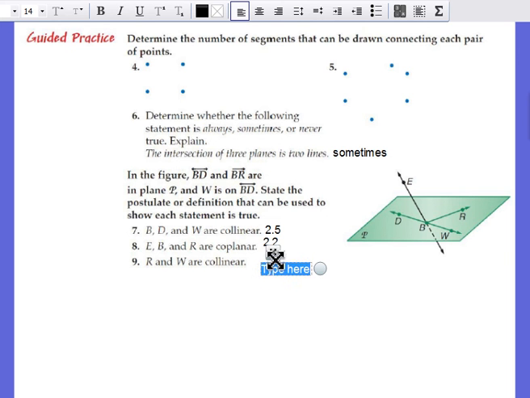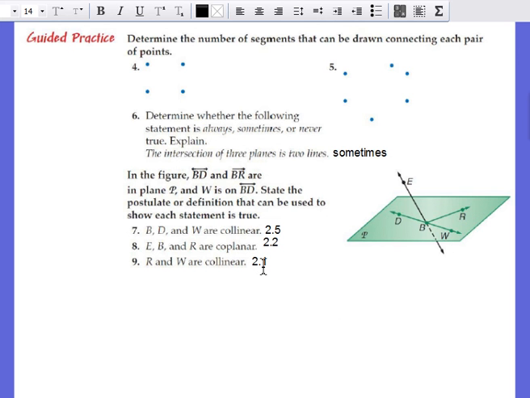Alright, last question. R and W are collinear. Technically they're not in the figure, but per the postulate they are. Through any 2 points is exactly one line. So that's also part of the definition. Again, don't get confused. R and W in this case aren't collinear in the plane, but on their own, yes they are, because any 2 points make a line.